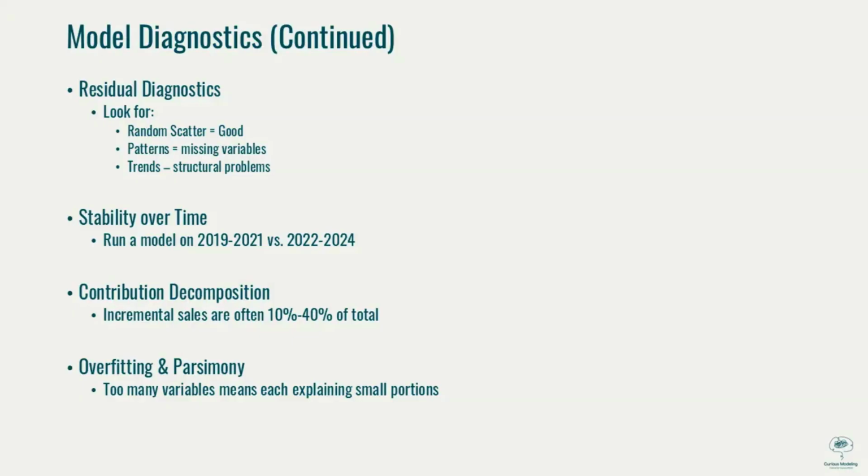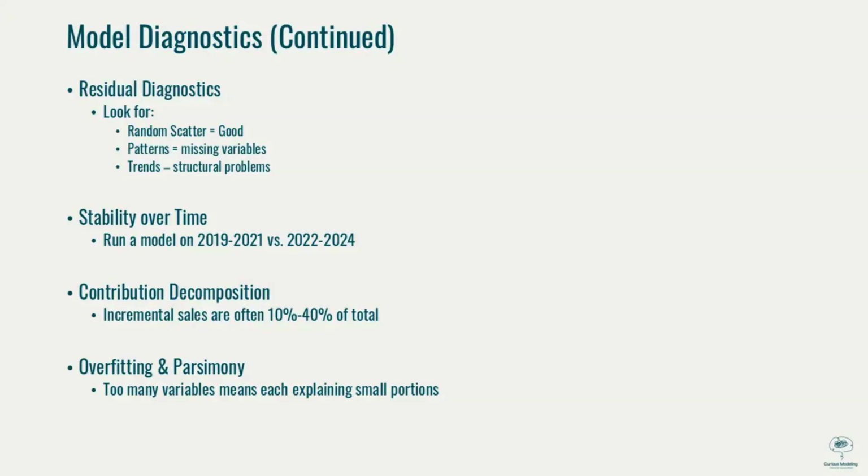Next, multicollinearity. So the problem here is that many channels move together. So you often see an increase in digital and TV at the same time. Essentially what this suggests is the model can't separate which channel is truly driving impact. And the way to diagnose this is two things. The variance inflation factor, and then the correlation matrix of input variables, in which you can see the best practices here.